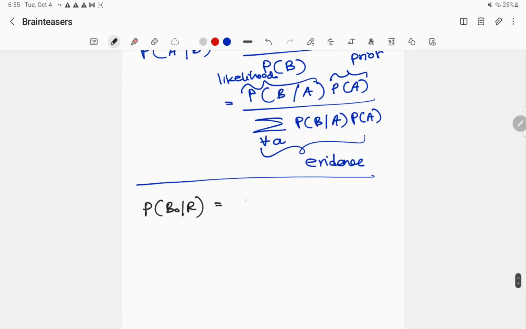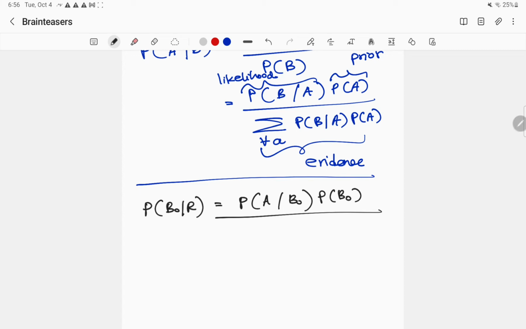It should be probability of R given B naught, times the prior, over the total probability across all the cases where event B occurs.